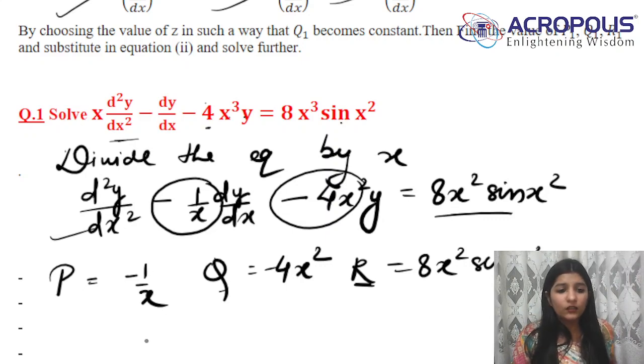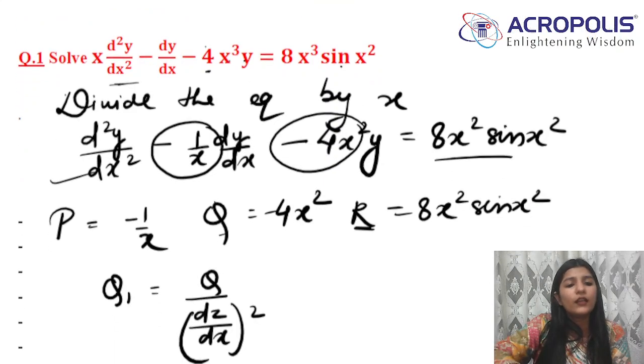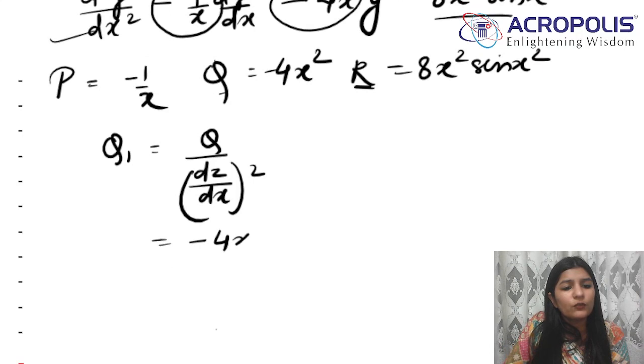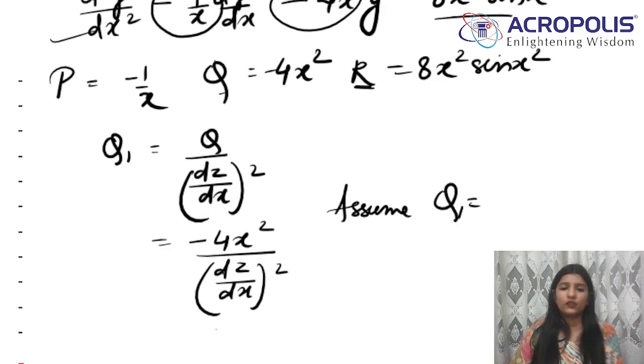Now in this method, you have to take the formula of q1. q1 equals q by dz by dx whole square. The value of q is minus 4x square, divided by dz by dx square. Now in this method, you have to assume q1 as some constant.